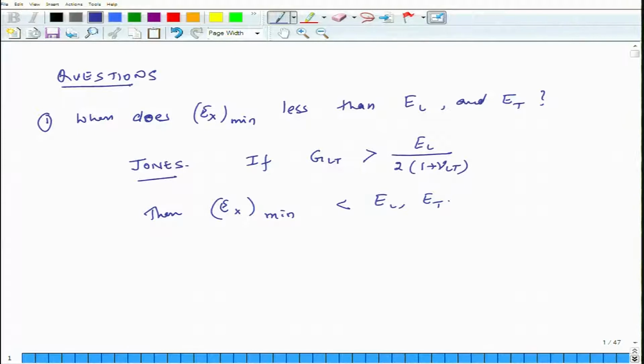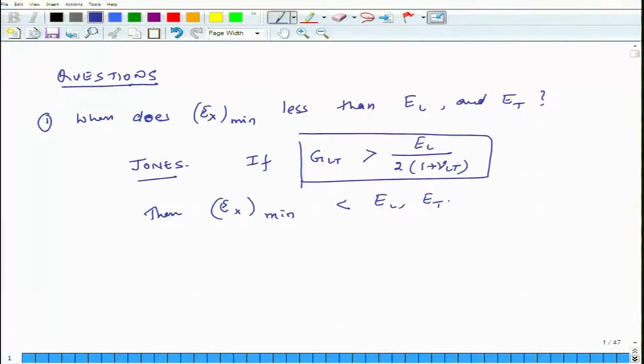Okay. So, if you find that in your composite system this condition is being satisfied, then you will have a situation that for certain value of theta, the value of Ex will be less than El as well as Et.